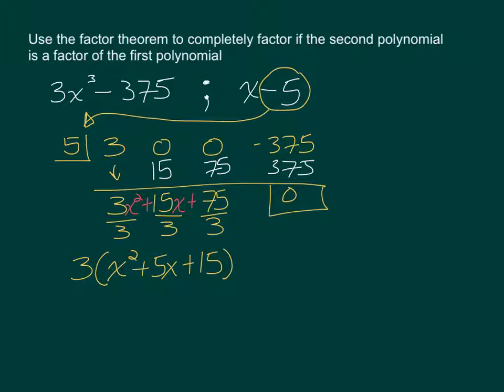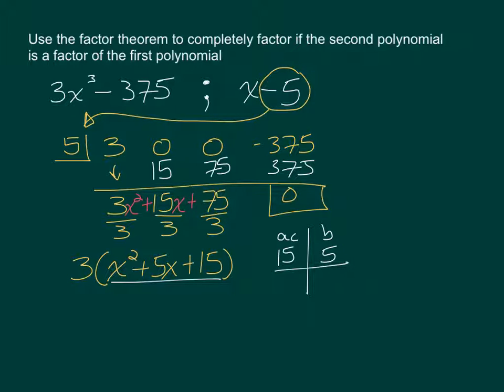Now we need to check if we can factor what's left on the inside. Using our split b method, I know a times c is 25 and b is 5. So we're looking for two numbers that multiply to 25 and add up to 5. And I know both of these numbers have to be positive because when you multiply two positive numbers you get a positive number, and when you add two positive numbers you get a positive number.